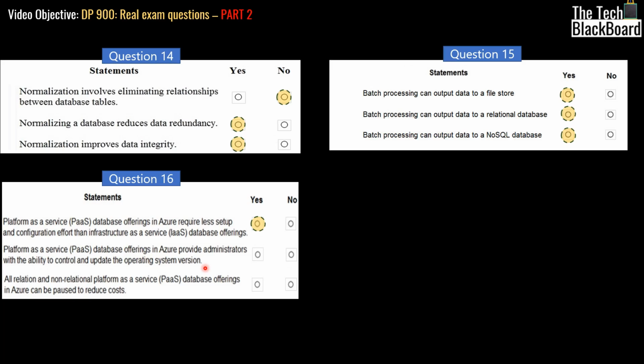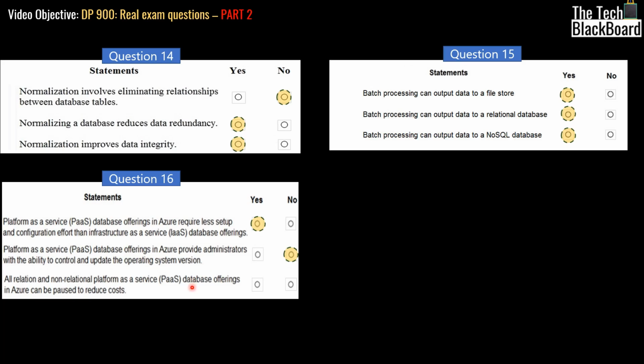Everything related to operating system installation and configuration is taken care of by the cloud service provider, so you don't have to worry about that. That's the beauty of PaaS. So by this knowledge we can say that this statement is no, right?